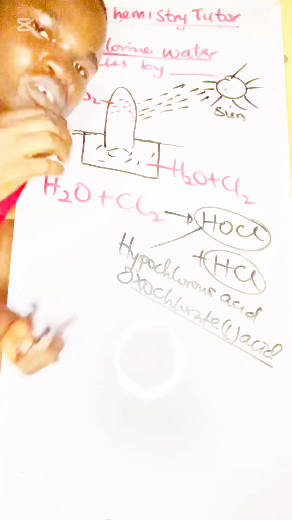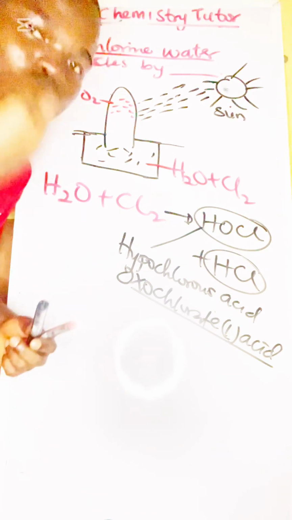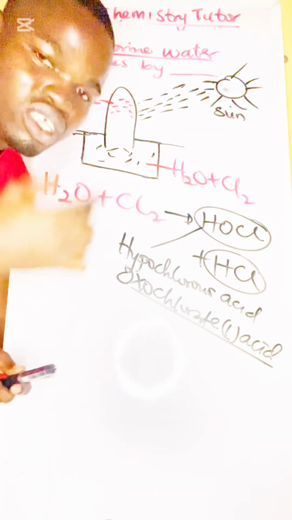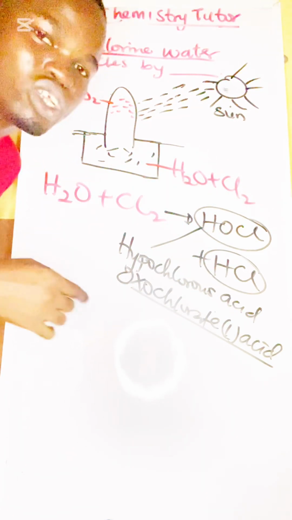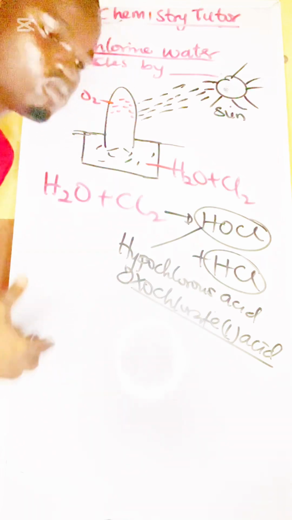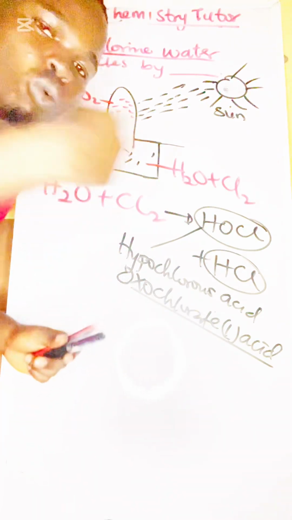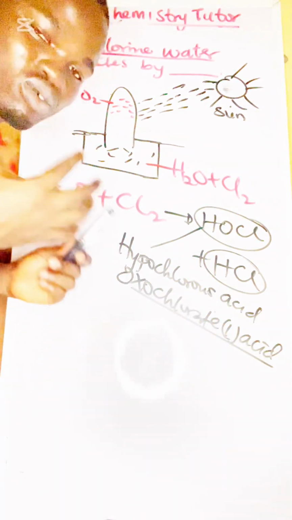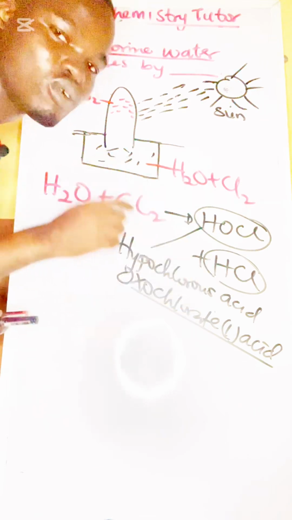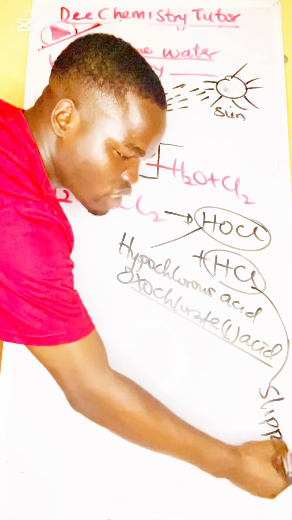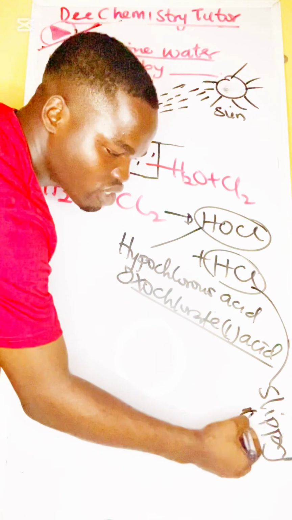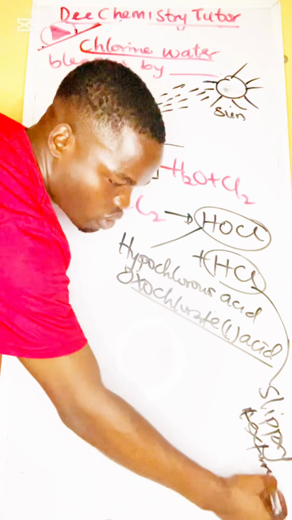They will ask you the slippery nature or texture of your clothes that you wash with hypo is as a result of dash. It's as a result of what? HCl. Please take note of that. It's a JAM question. Then how do you help it? You have to wash it with more water. You wash that particular cloth with more water to remove this HCl. So this is what is responsible for that slippery nature.